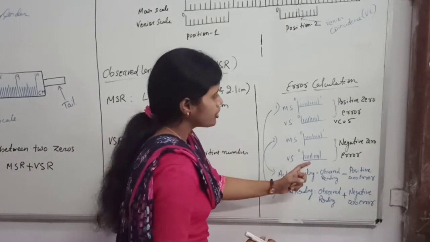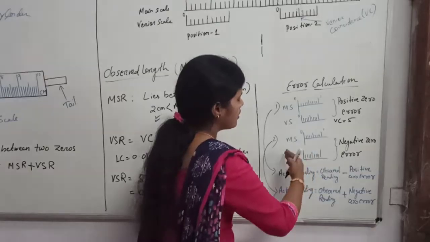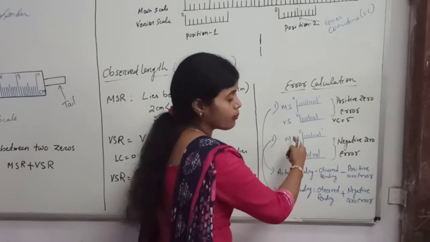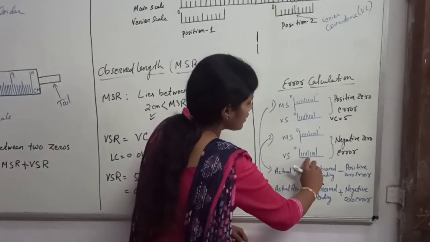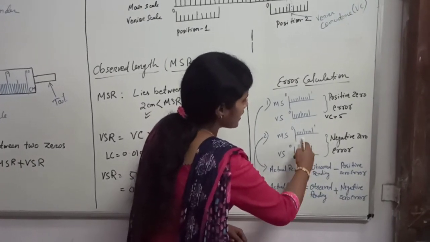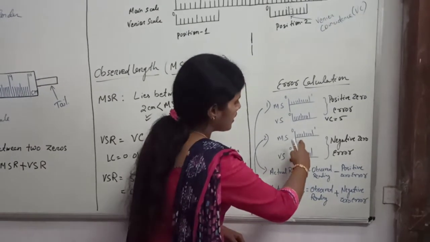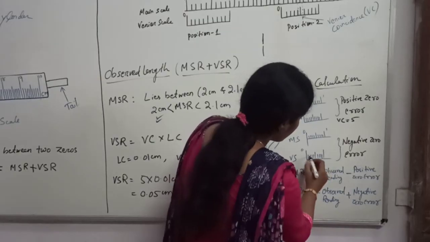In case of negative zero error, the zero line is shifted to the left of the zero of the main scale. Here also you will see which line of the vernier scale is coinciding with the main scale, and accordingly you will calculate.